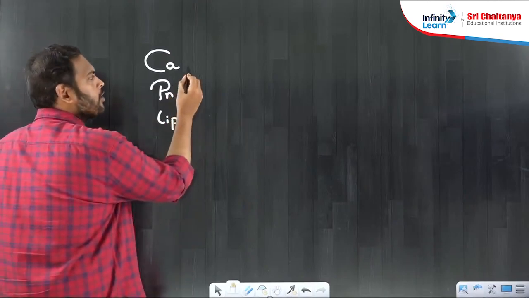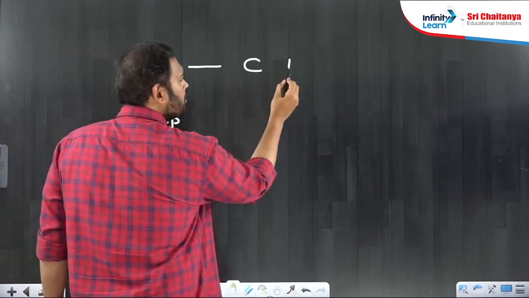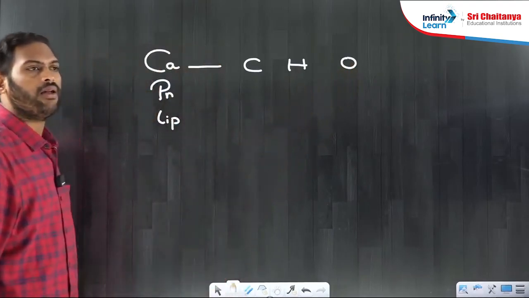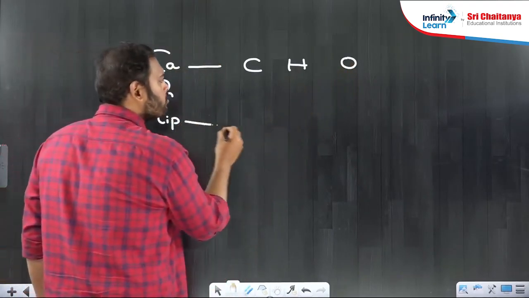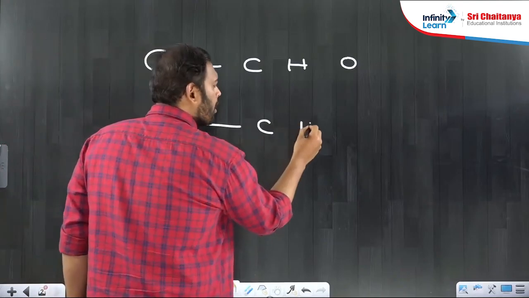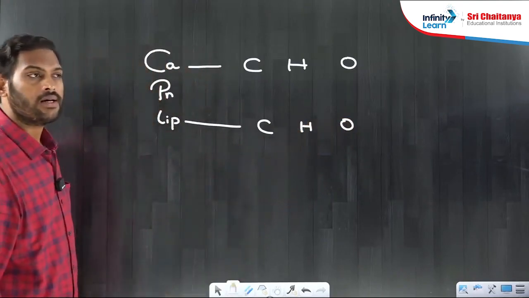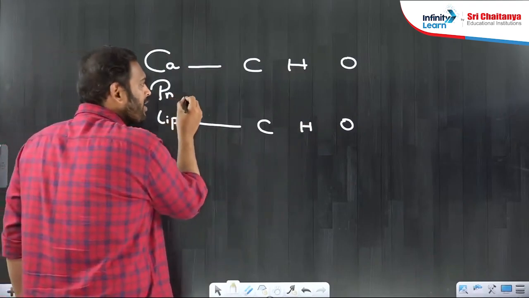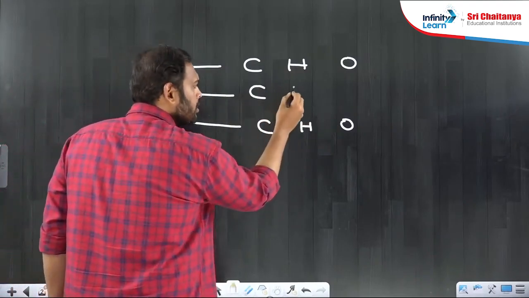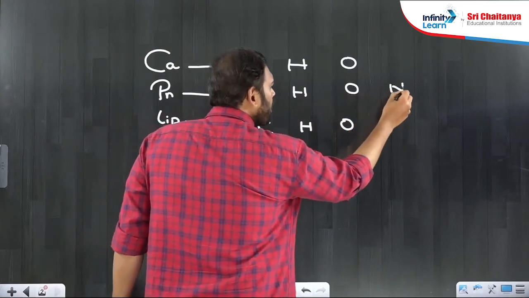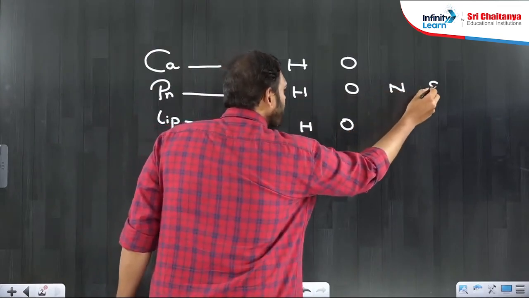Carbs are composed of carbon, hydrogen, oxygen. Even lipids are also composed mainly of carbon, hydrogen, oxygen. Whereas proteins consist of carbon, hydrogen, oxygen, nitrogen as well as sulfur.